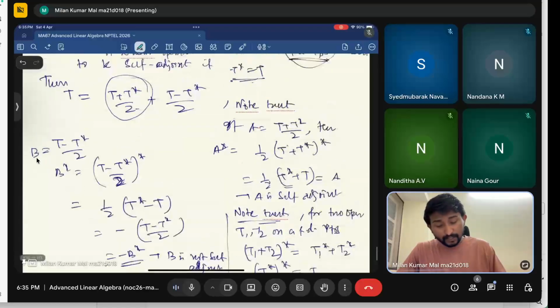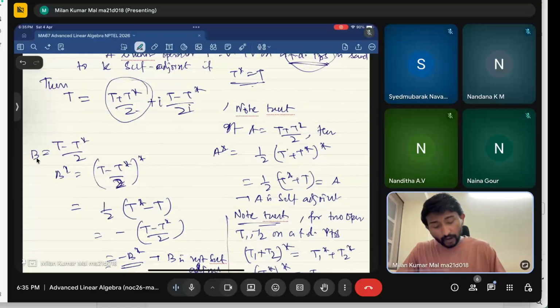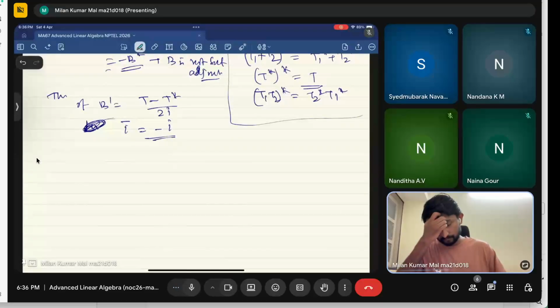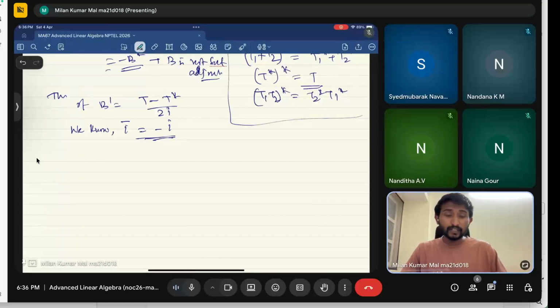So this operator B is not self adjoint. But if we add here i and here 2i, where i is the square root of minus one, then B prime equals (T - T*)/2i, and we know that the conjugate of i is minus i.